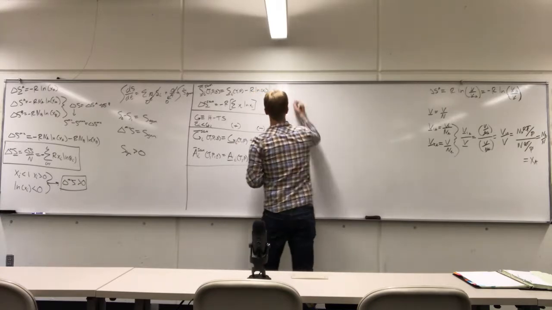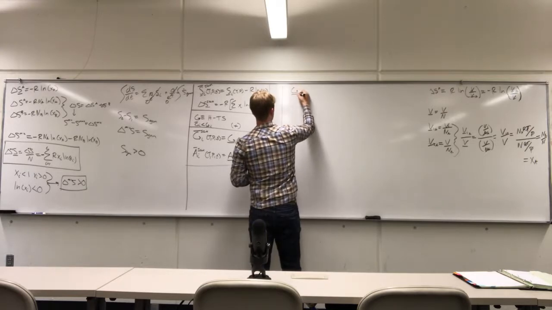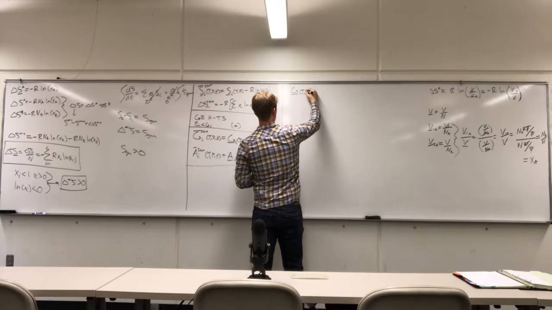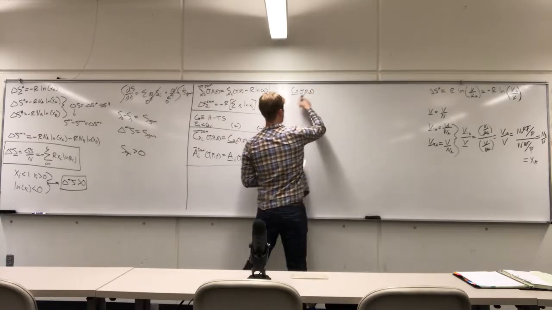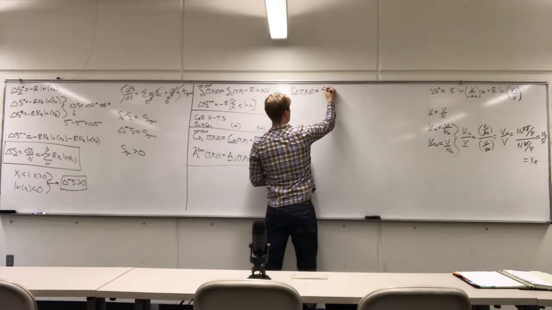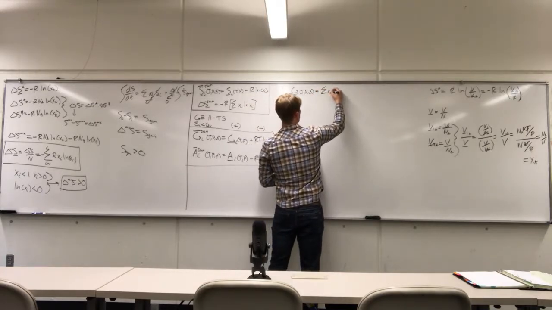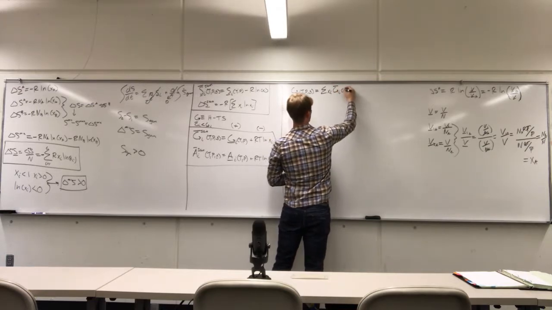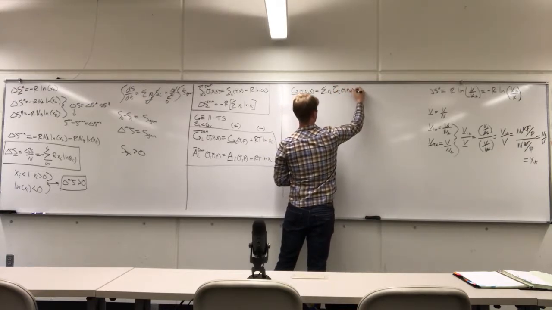If we are to look at what is the total Gibbs free energy of a mixture system, it is a function of temperature, pressure, and composition, so it's a function of everything. This is equal to the summation of the mole fractions times the partial molar Gibbs, which again are a function of everything.